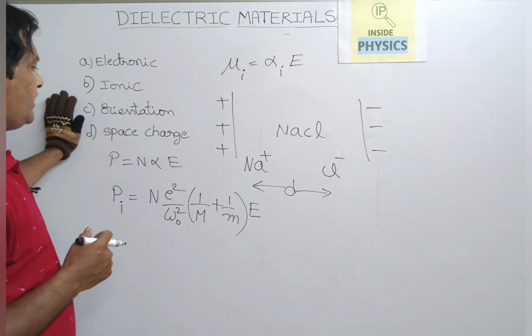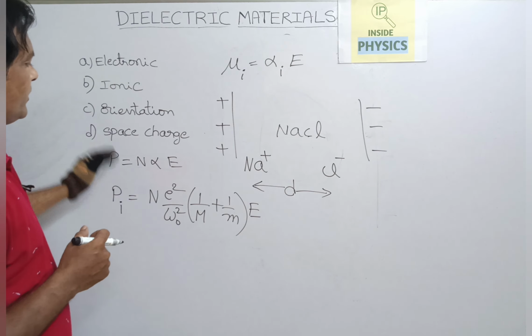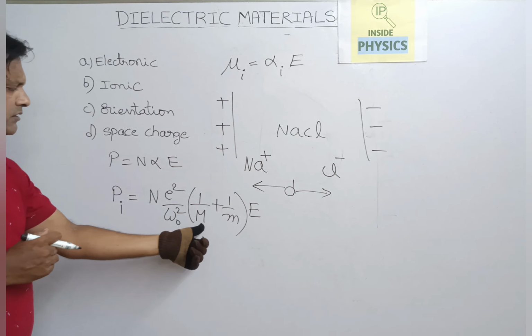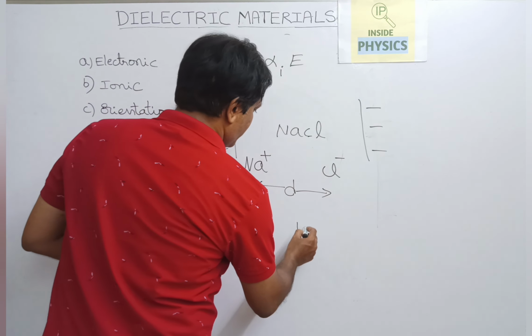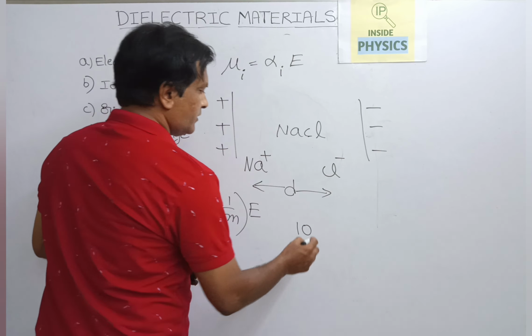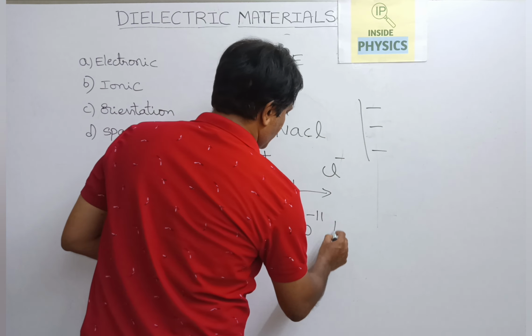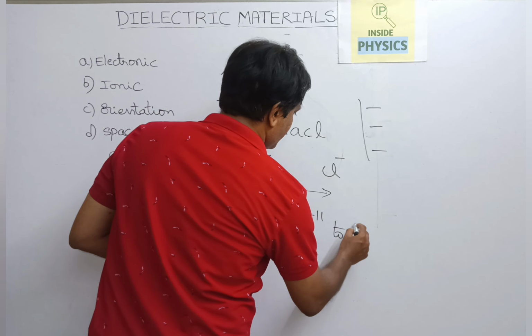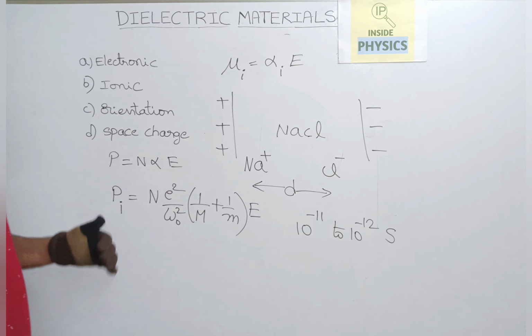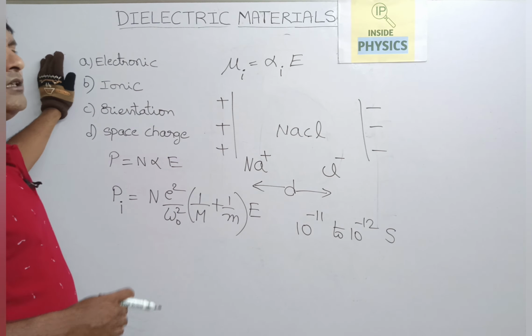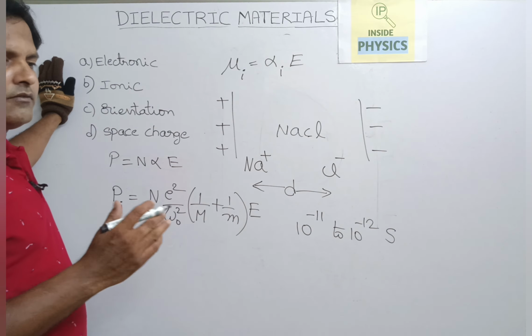So this is the relation, and this ionic polarization happens in around 10 to the power of minus 11 to 10 to the power of minus 12 seconds, a very short time. Ionic polarization happens along with electronic polarization.